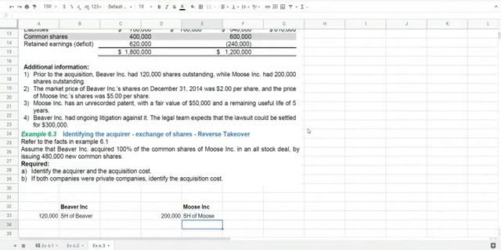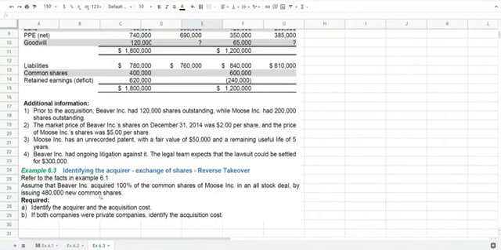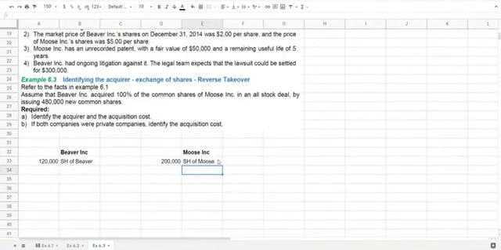Now what happens? Beaver buys all the shares of Moose in an all stock deal. So when Beaver buys the shares of Moose, who does Beaver buy the shares from? The shareholders, right? So Beaver goes and buys all the shares of Moose.